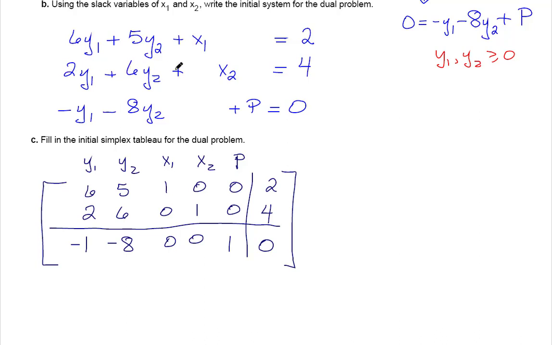Then 2, 6, 0, 1, 0, and a 4. Then -1, -8, 0, 0, 1, and a 0. And that's all they want us to do for this problem. They don't want us to solve anything.